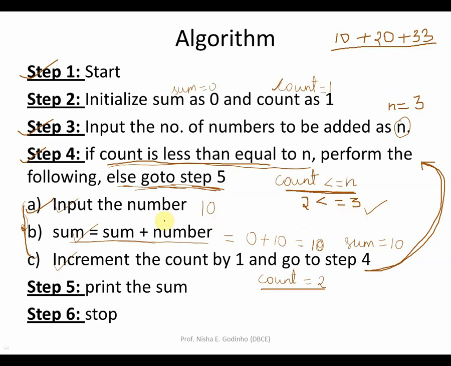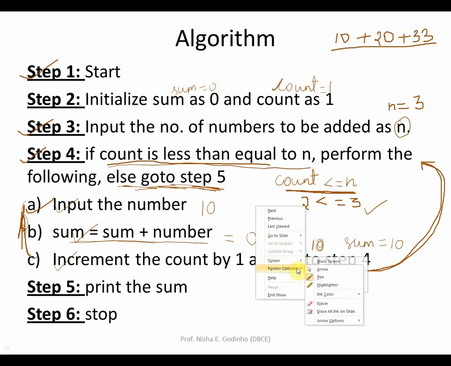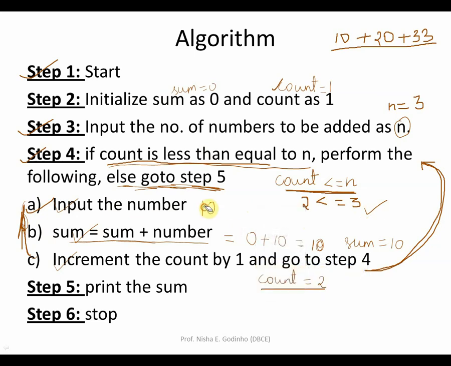Okay, so hence what we do is we do these steps again. First, input the number. So which is the second number to be taken input as? Let's erase this old value. What is the second input to be taken as? 20. Okay, so it is a 20.